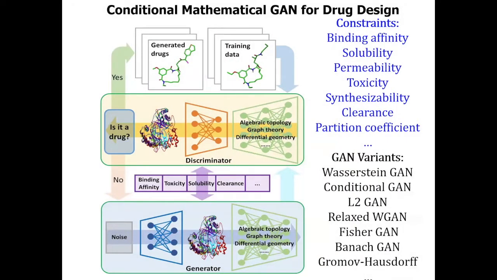We basically don't just do the simple structure I showed you a moment ago. That's just a conceptual picture. What we really do is use algebraic geometry, graph theory, differential algebra, topology, all kinds of things to simplify the process. We also incorporate all kinds of constraints, like binding affinity, solubility, permeability, toxicity, synthesizability, clearance, and partition coefficients.